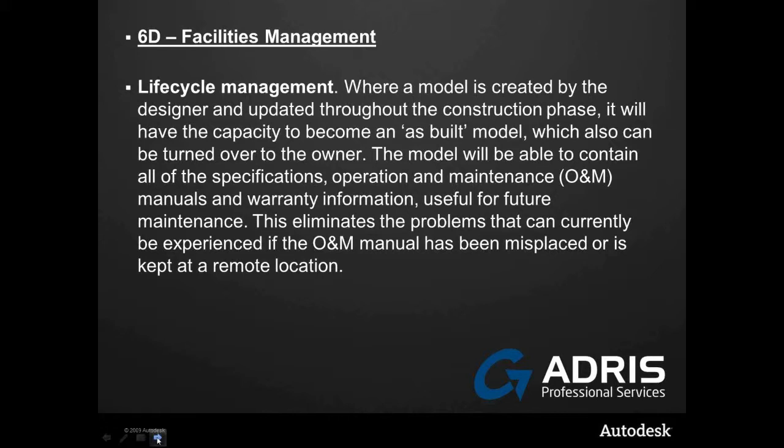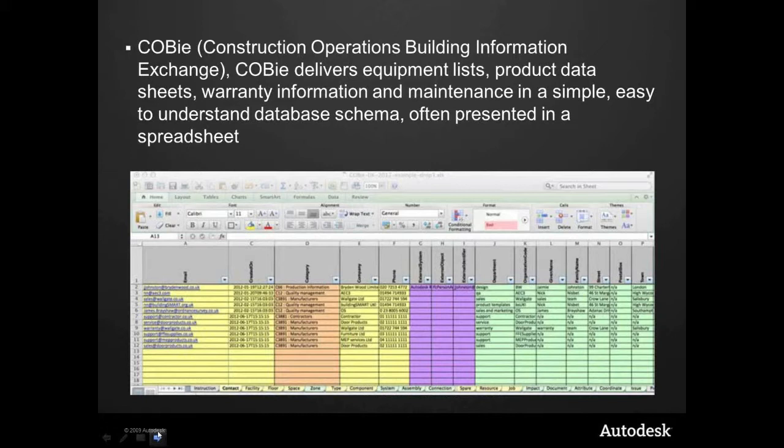The spreadsheet will be based upon a template, and the wizard that you can use, the COBie toolkit, will enable you to specify how many worksheets and what data is extracted from each model or from each aspect of the model. So this is a very straightforward process. It simply involves the use of creating zones within this tool.